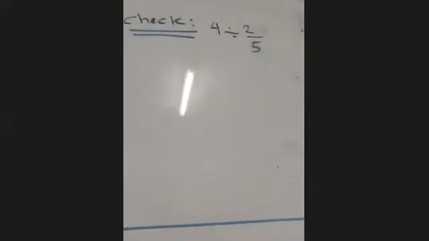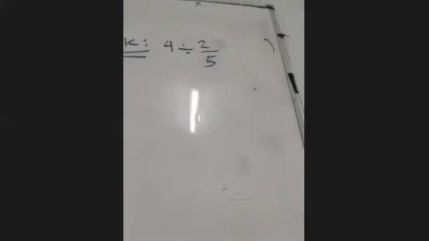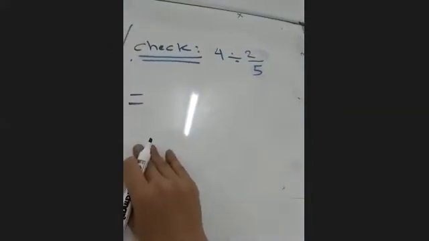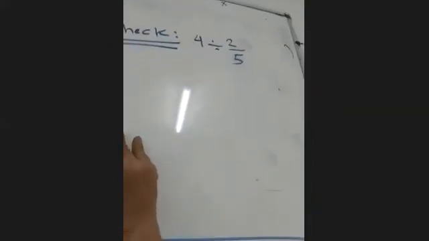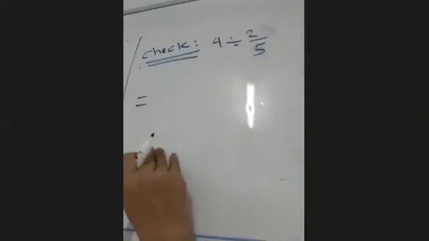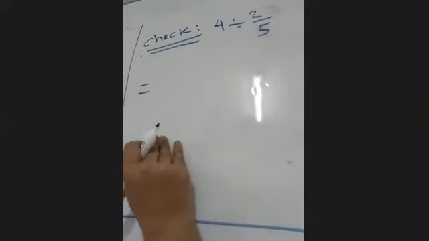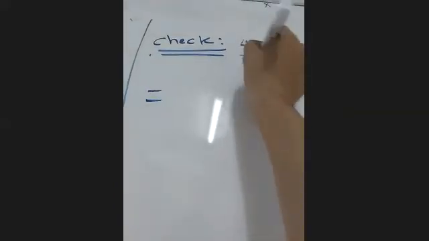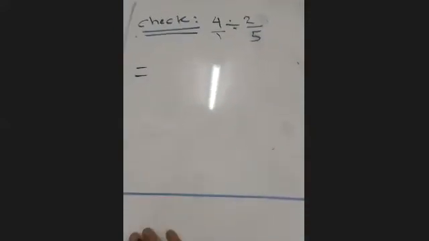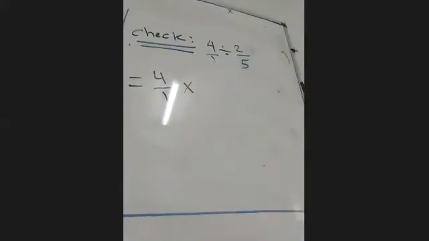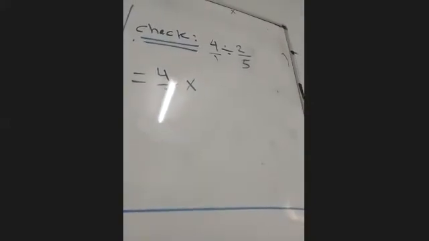Now do the check for me. 4 divided by 2 over 5. First, 4 we make it 4 over 1. Good. Then turn the division to multiply: 4 over 1 multiply 5 over 2.